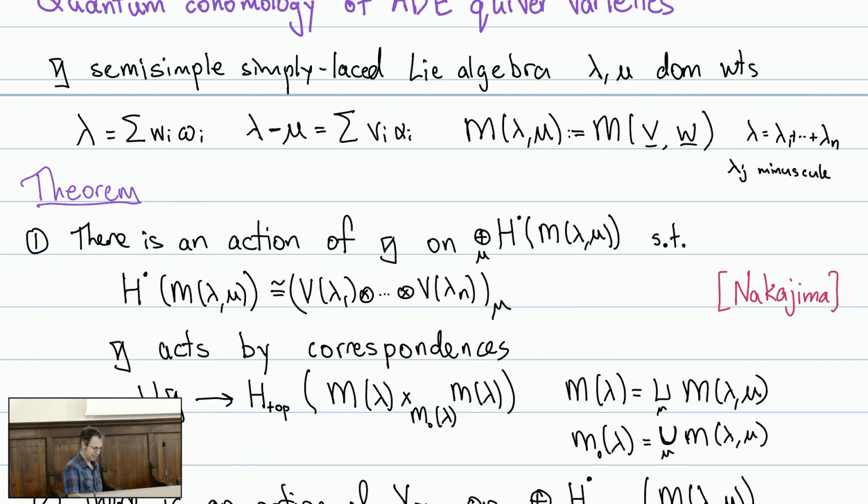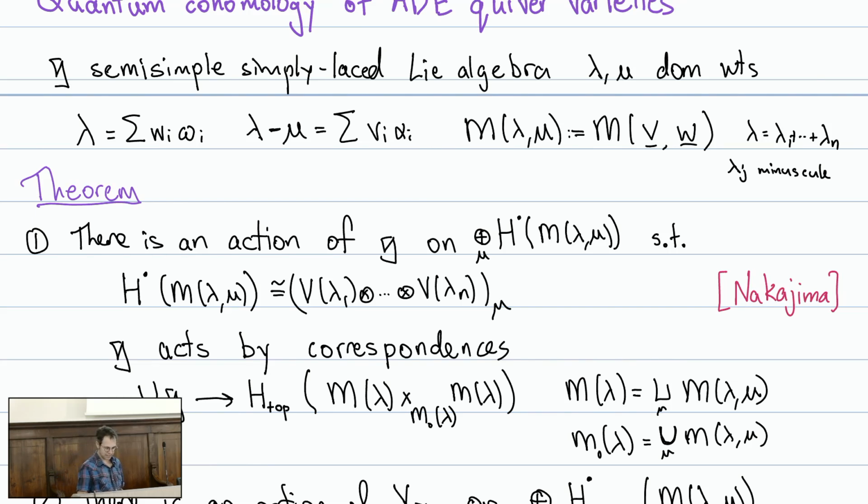Remember, lambda determines the framing, so I keep the framing fixed, and by taking the direct sum over mu, I change all possible gauge vertices, such that the cohomology of M lambda mu is isomorphic to a mu weight space. Moreover, the action of this semi-simple Lie algebra on the cohomology of the quiver variety is by correspondences. Nakajima introduced these special correspondences between quiver varieties so that they would give an action of G.